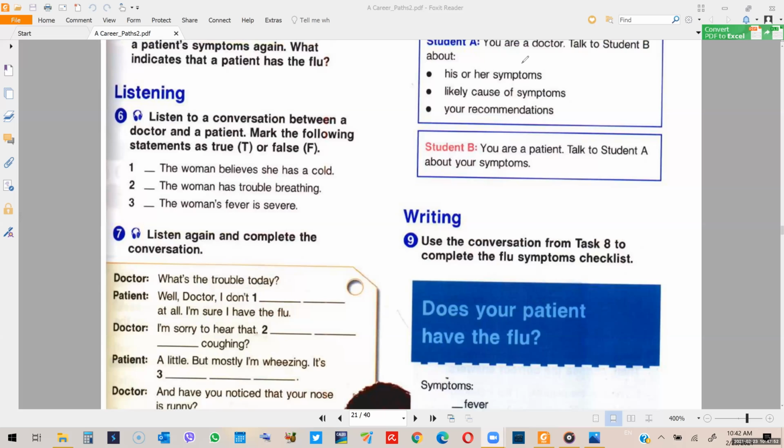Okay, number 4. And have you noticed that your nose is running? Oh, yes. I've been blowing my nose constantly. And have you noticed that your nose is runny? Oh, yes.